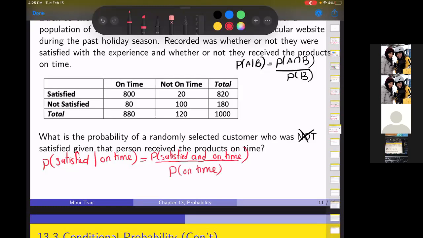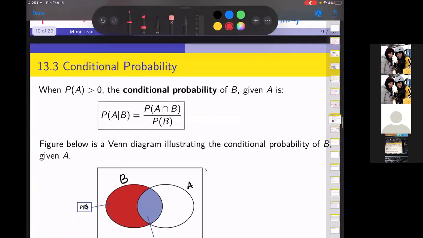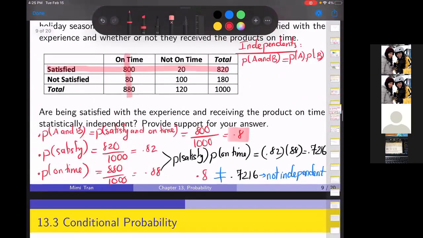I know that I say that the vertical bar does not mean division, but to make it easier for you to remember this, I'm just going to give you the denominator. P of on time. Okay, so P of satisfy and on time, I think we did it before. We don't have to do it again. P of satisfy and on time is 0.8.